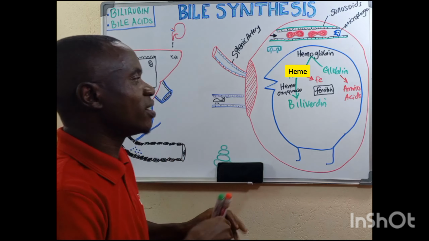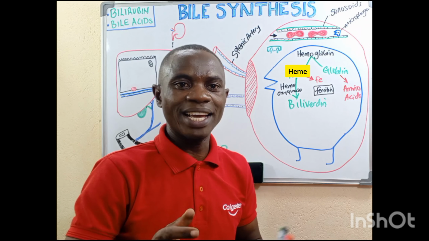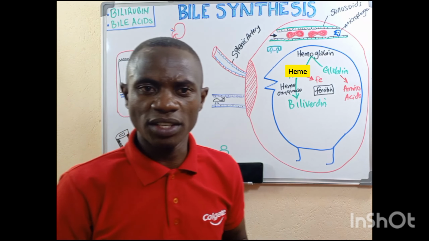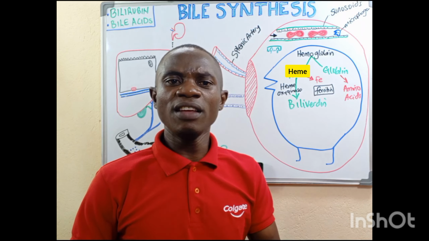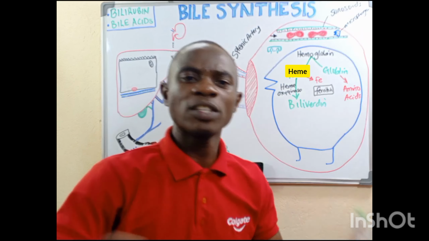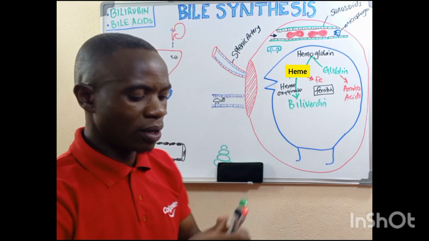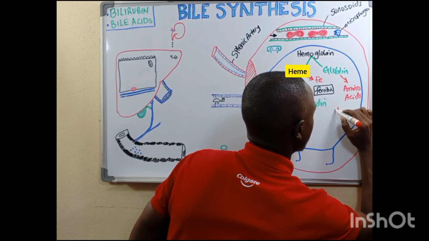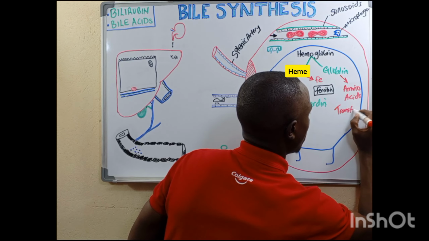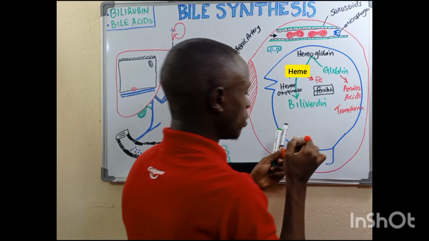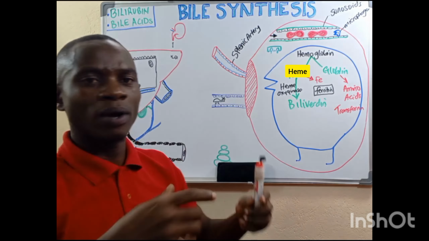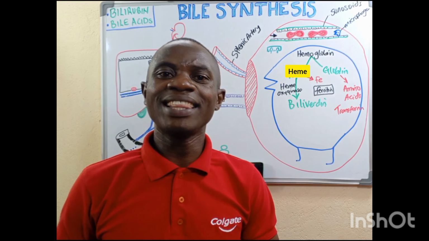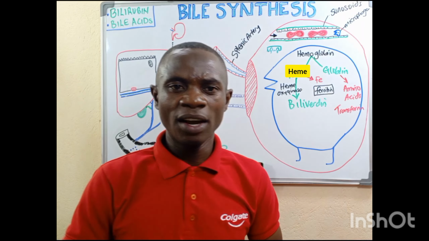So now that's the storage form of iron in the macrophages. But also the liver makes another kind of transporter of iron which we call the transferrin. This transferrin can bind iron and transport it to different areas where it's going to be used.